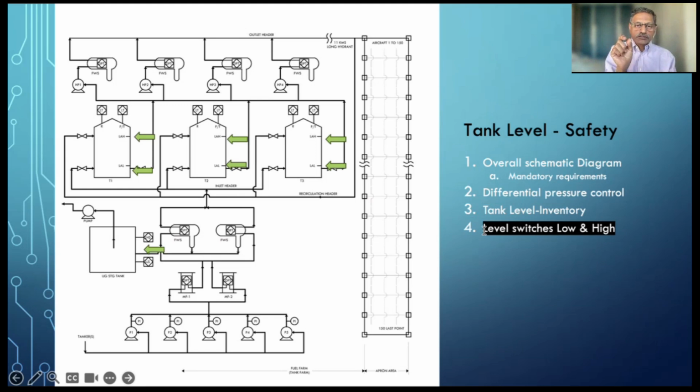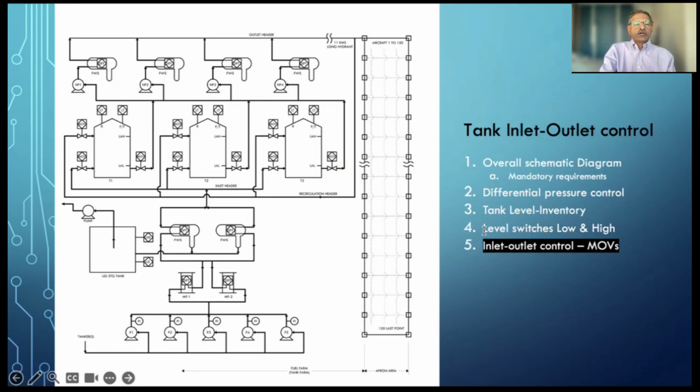So whatever little moisture or water gets collected at the bottom of the filter water separator is drained into the underground storage tank, and whenever the high level is reached, that will be pumped out for further processing. So these two level switches are also shown, the green arrow on the underground storage tank. Also, there are two level switches for safety.